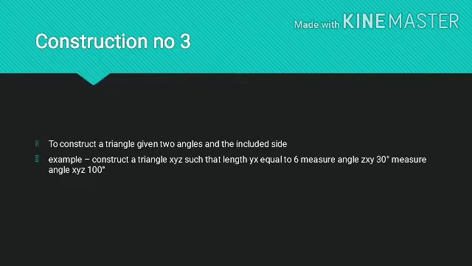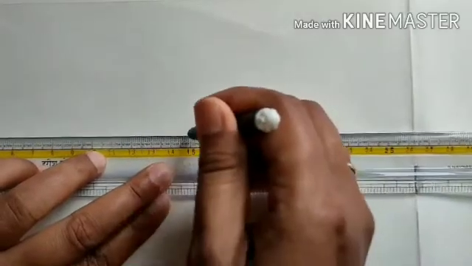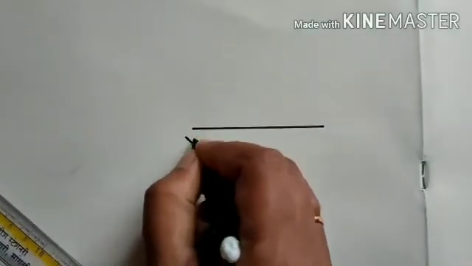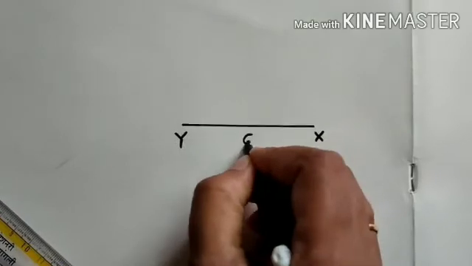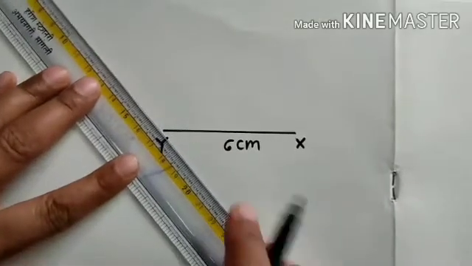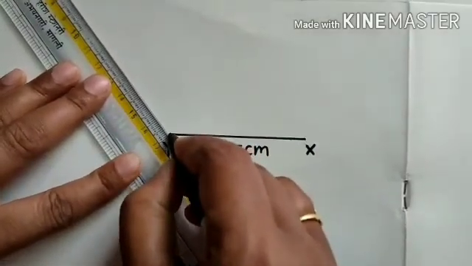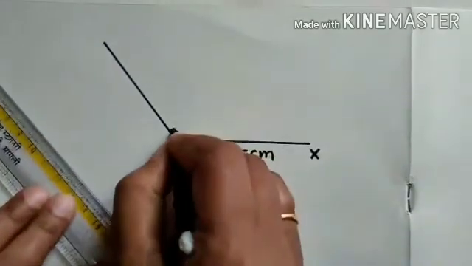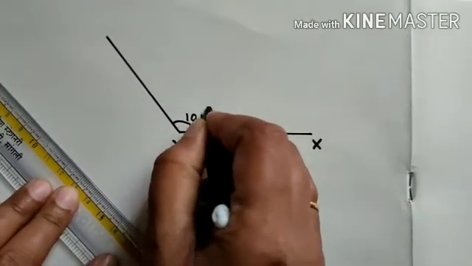3. To construct a triangle given 2 angles and the included side. Example, construct triangle XYZ such that length YX 6 cm, measure angle ZXY 30 degrees, measure angle XYZ 100 degrees. Let's draw a rough figure. Angle XYZ is an obtuse angle that is shown in the figure.